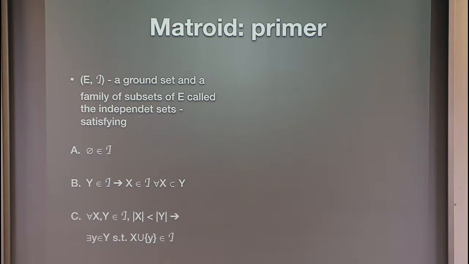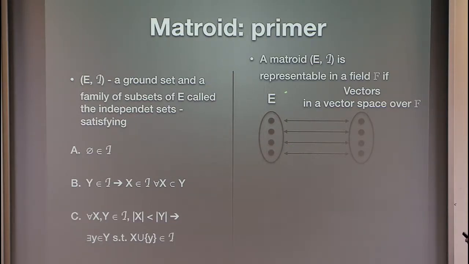Obviously the column vectors of a matrix form a matroid, with the independent sets defined as independent sets of column vectors. A matroid which can be represented as a matrix even has a name: a matroid is representable over a field F if there is a way to have vectors in a vector space over this field F, and there is a way to bijectively match the elements of the ground set and the vectors.